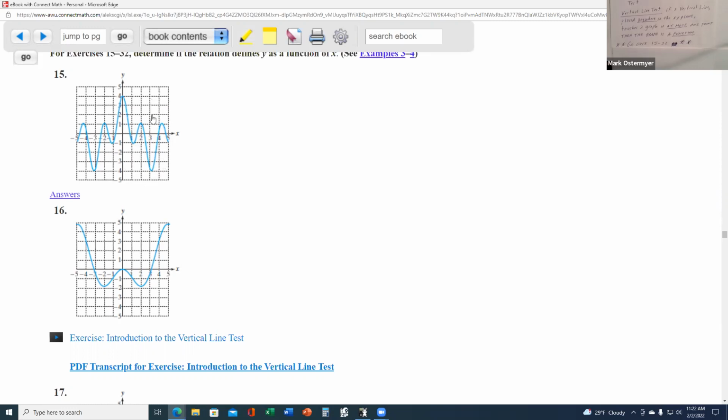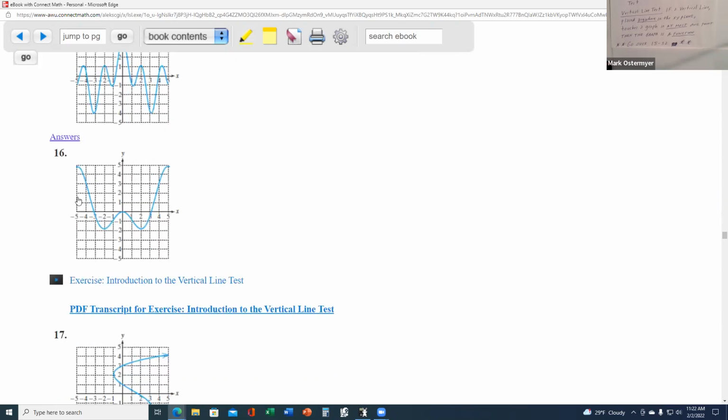I can't find a vertical line's position in the plane that would cross the graph in more than one point. So it looks like this relation is a function. It passes the vertical line test.